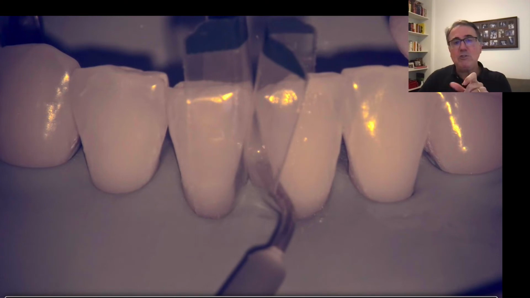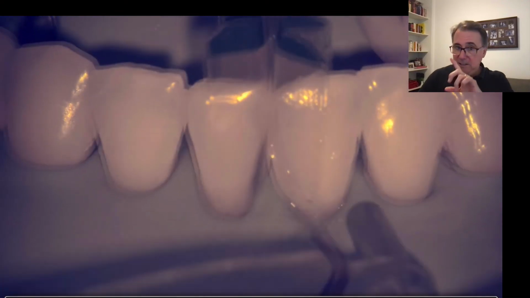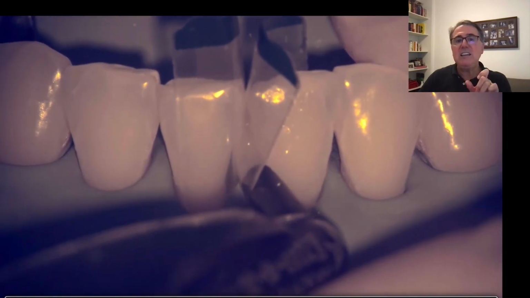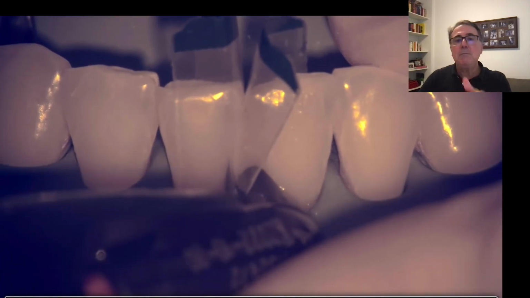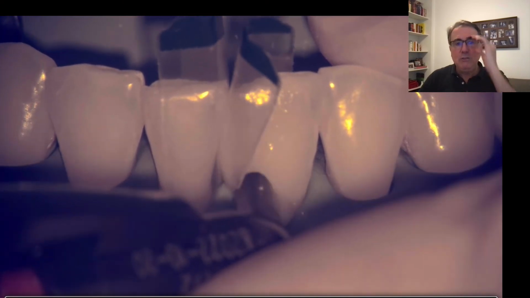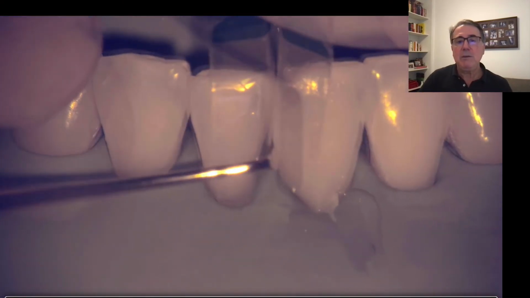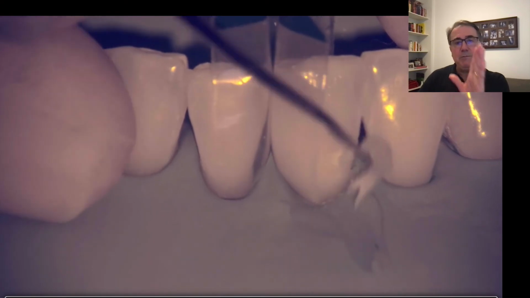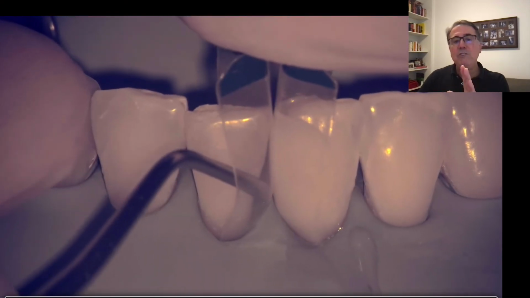And now I'm going to put my warmed flowable composite, as you can see here. Again, don't polymerize it, and then I'm going to inject my warmed universal composite. Okay, now I'm just setting up the space properly, removing the excesses.